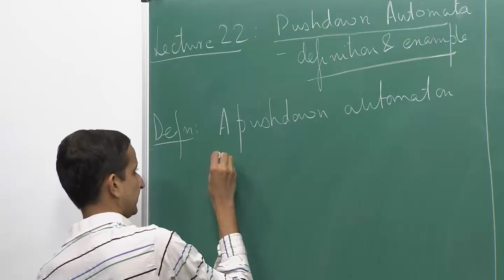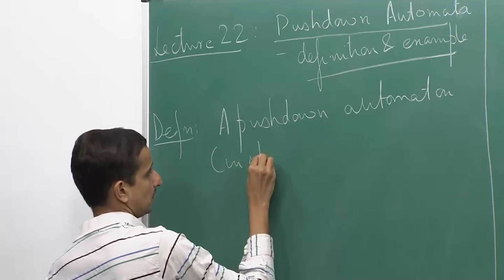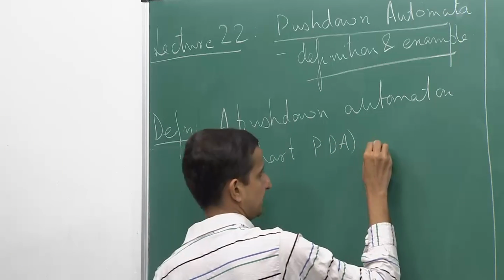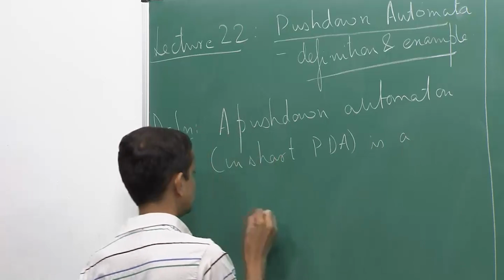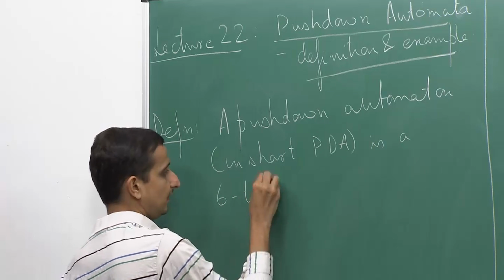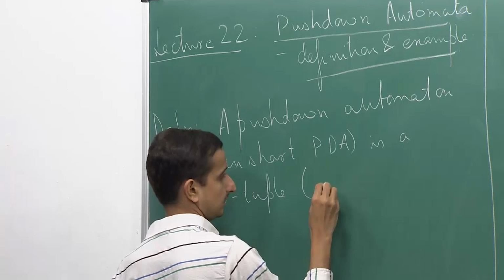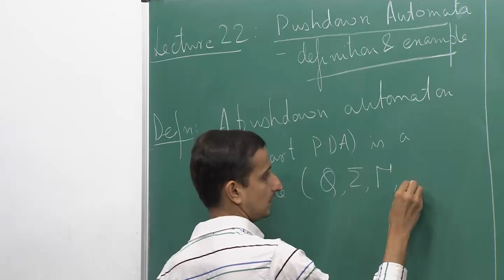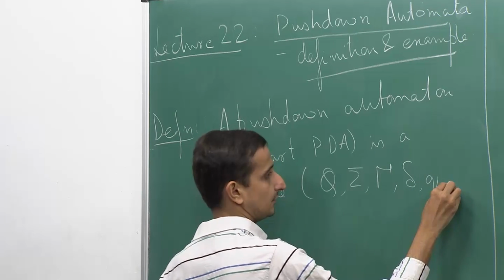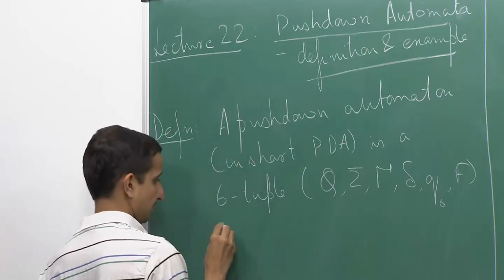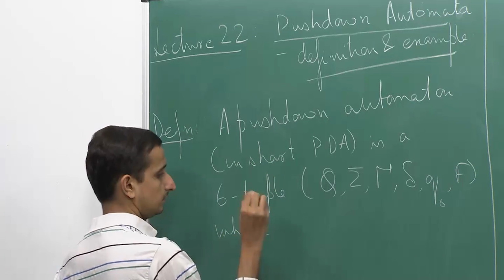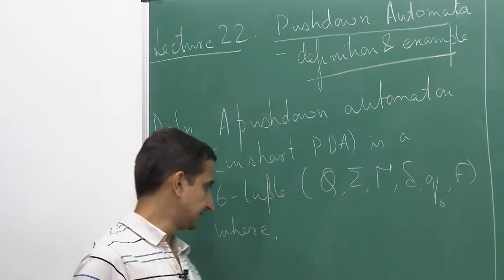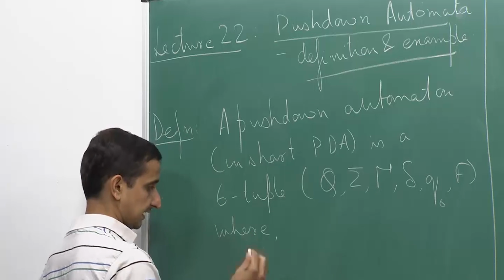A push-down automaton, in short PDA, is a 6-tuple Q, sigma, gamma, delta, Q naught, F, where the symbols represent the usual things except for gamma, which is the stack alphabet.